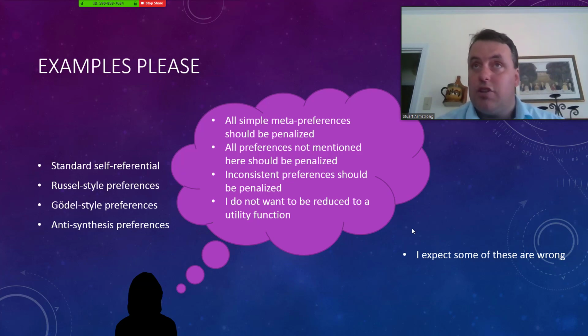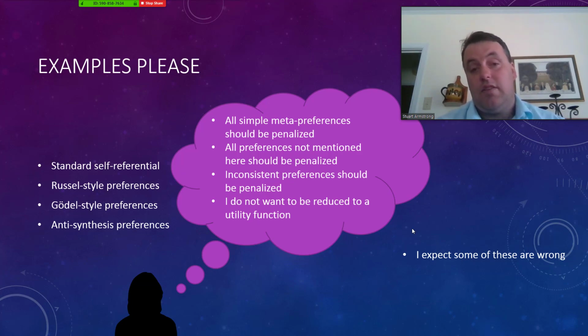These religious preferences are tricky because they're generally factually wrong, or they premise things that are factually wrong. But there are probably secular versions of this, like everything that does not derive from Marxist-Leninist thought within me should be penalized. And again, I see no problem with not self-referencing it.